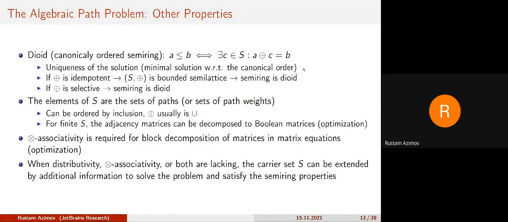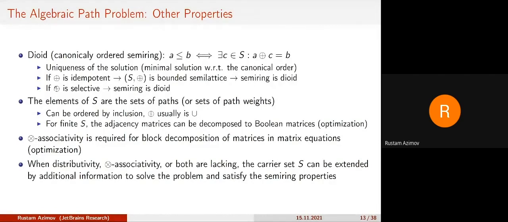Such semirings are called dioids, and we can see that a semiring is a dioid, for example, if you have an idempotent plus operation, then it is also a bounded semilattice.